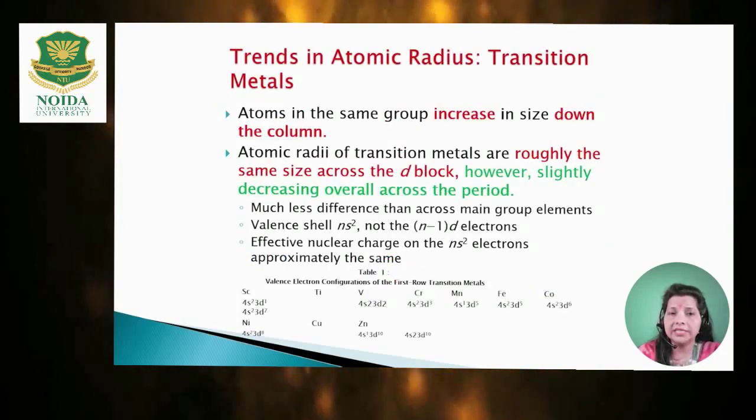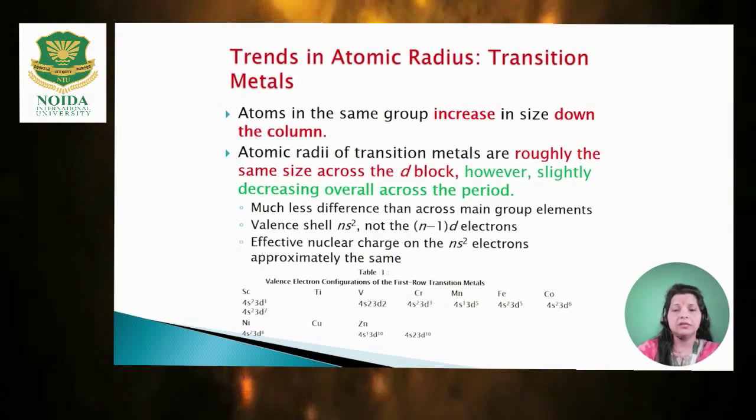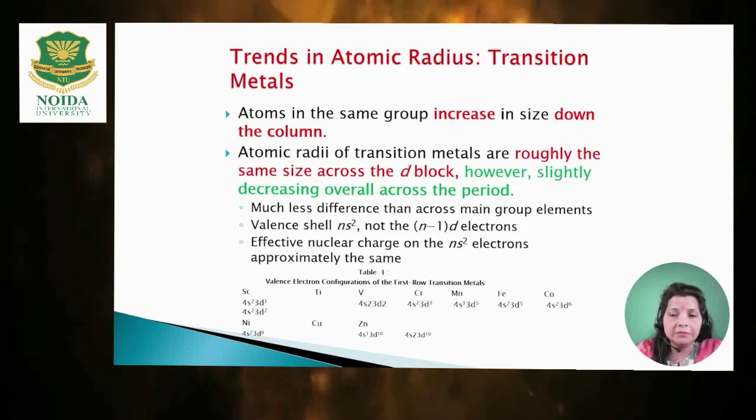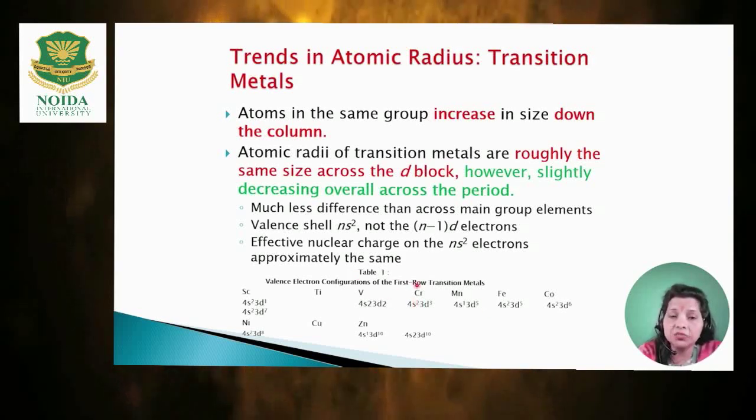Now, as I explained in my earlier slide, in the transition elements the size of the atoms does not change much, because here the extra electron is coming into the n-1 d shell. Rather than going to an extra shell, it is going to n-1.